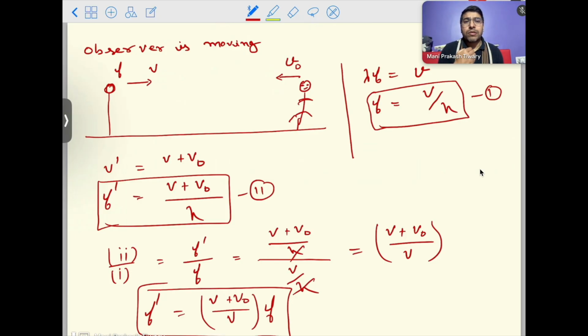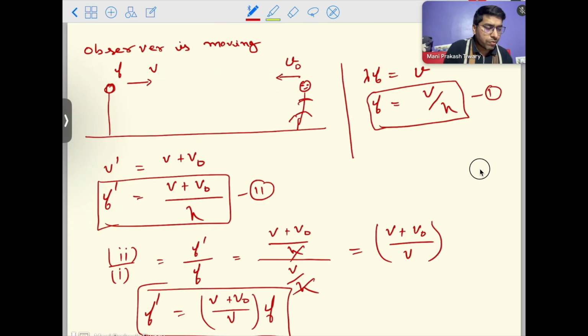Now suppose I start moving towards the person who is throwing the ball. Now what will happen? I will receive more balls, right? Because now I move towards the person. So in 1 second now we will receive more balls because the distance travelled by the ball gets reduced. More balls per second means more frequency. In the same way, when the observer is moving towards the source, he will feel the apparent frequency is actually more than the real one. Clear? Any doubt?